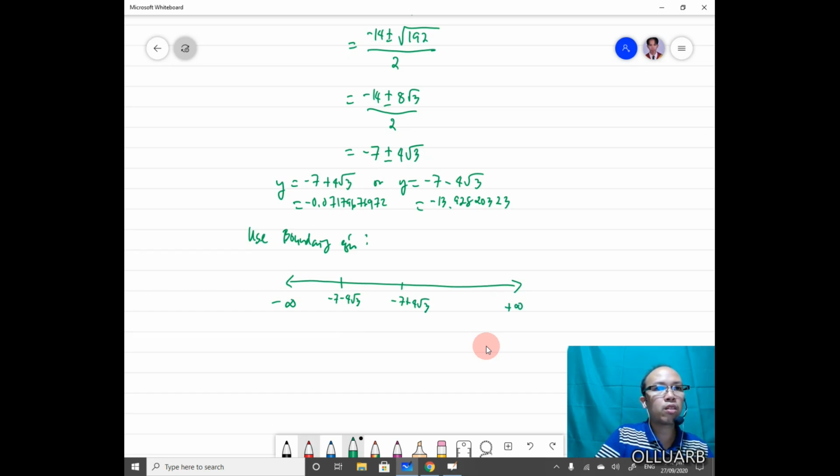Our 0 is closer to this one. This is our 0, closer to the second value. Let's try a red color, let's wait for the program to respond.